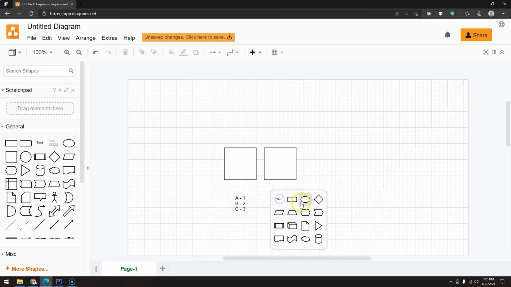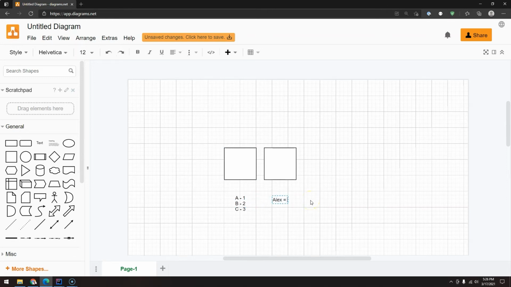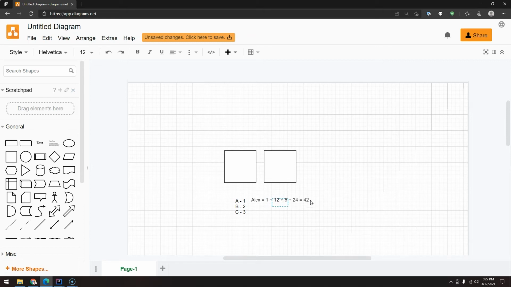If we have a name, let's say Alex, and we replace the letters with numbers, we would have 1, 12, 5, 24. So this is equal to 42. If we have another name, for example, Bob, we would have 2 plus 15 plus 2. This is equal to 19. So we can say, using our very, very poor algorithm, that the hash for Alex is 42 and the hash for Bob is 19.